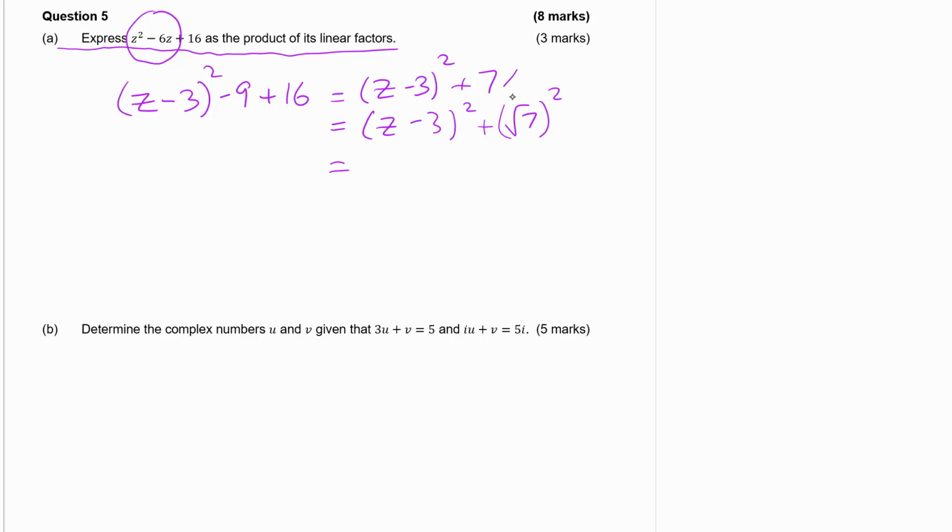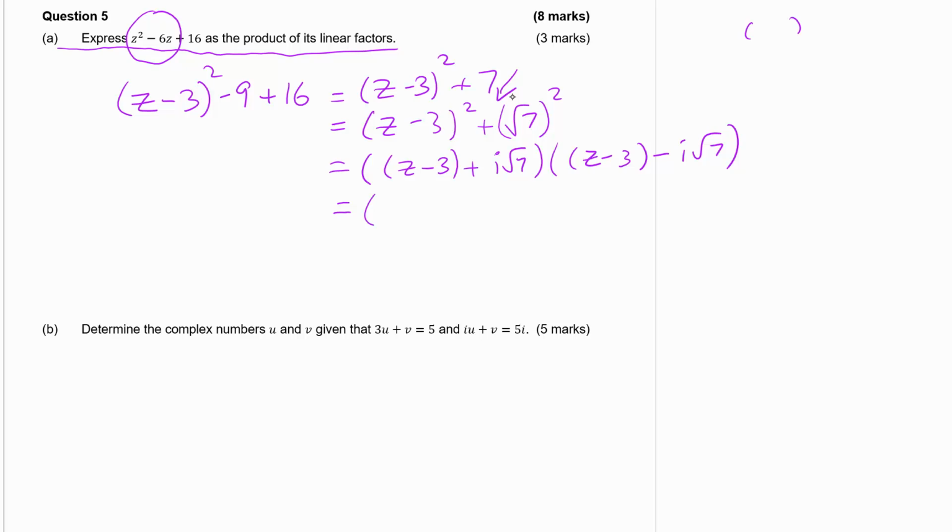Now, if there was a minus in the middle here, we'd think of it as a difference of two squares. But we can think of it as being a sort of difference, in air quotes, of two squares and make use of i. So what we can do is have z take away 3 plus i root 7 and z take away 3 take away i root 7.